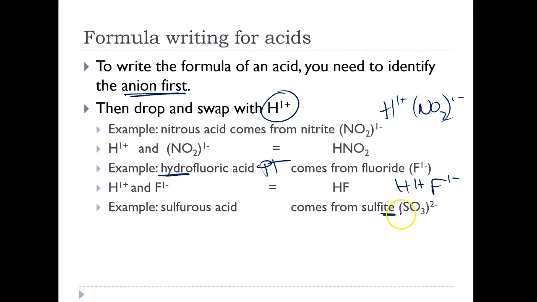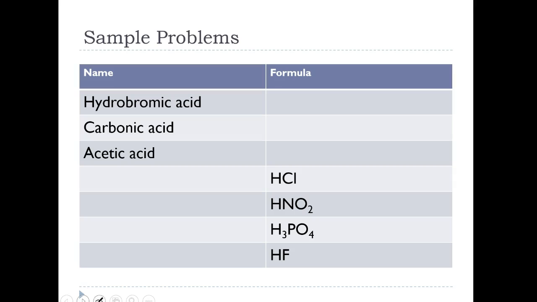Sulfurous acid comes from sulfite, again, drop and swap. But notice that's got a 2 outside the parentheses. You end up with H2SO3. That 2 came over from the sulfite. Okay, so go ahead, see if you can solve these.